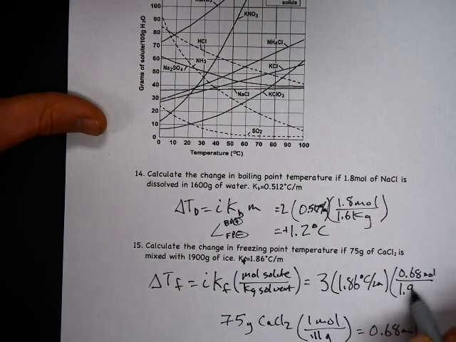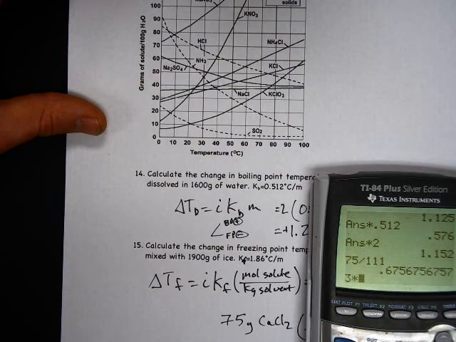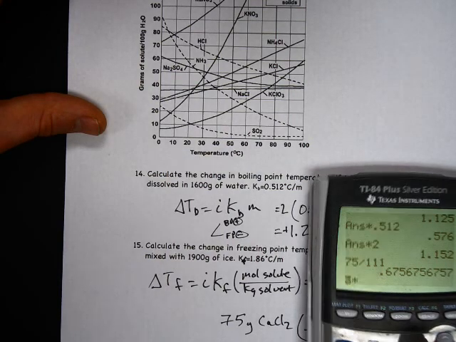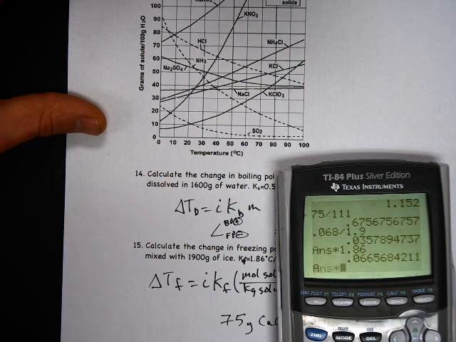And I have 1.9 kilograms of solvent, 1900 divided by 1000. So if I type that in, 3 times, actually I'll start on the other side, 0.68 divided by 1.9 times 1.86 times 3 gives me a change in temperature.